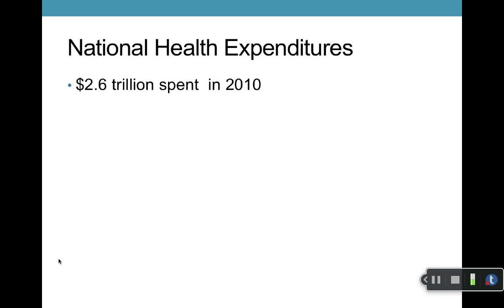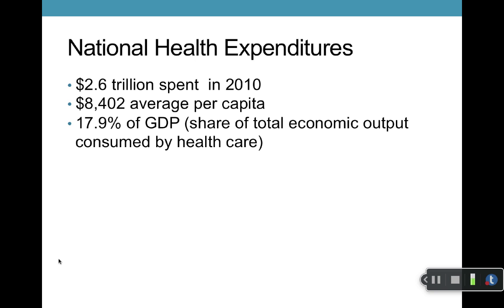So in terms of national health expenditures, what we see is that in 2010, the United States spent $2.6 trillion. Per capita, that came to $8,402 per person on healthcare spending. We know these numbers have increased slightly today. 17.9% of GDP is consumed by our economy.